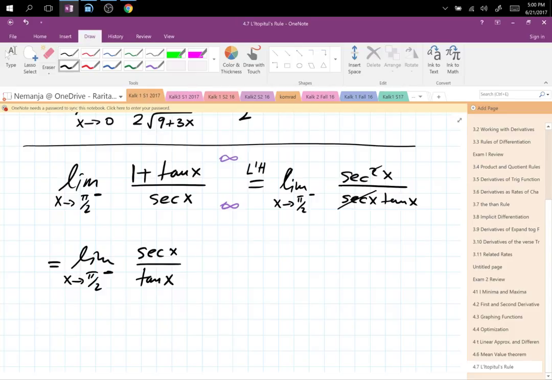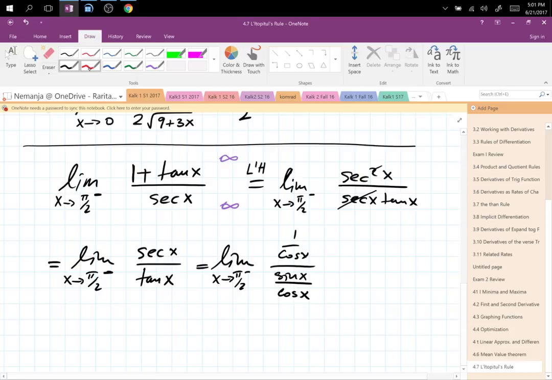So what do we do? How about we just transform this into sine and cosine, see if anything cancels, right? So secant is, don't forget the limit, 1 point off every time you miss it. So secant is 1 over cosine x, and this is sine x over cosine x, and look at that, denominators same, cancel.